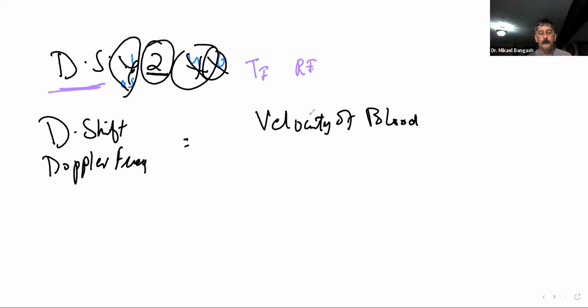What was the velocity? It's a two-factor thing. One is the speed, which is expressed in any unit of distance per unit of time.